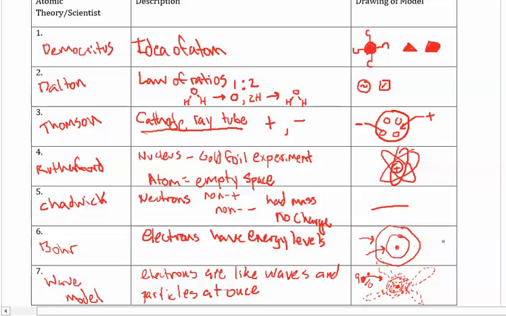If you want to see something to kind of give you an idea, Google search SPDF orbitals, and it'll show you what they picture these regions looking like. But it all came down to using a whole bunch of math and physics to figure that out.